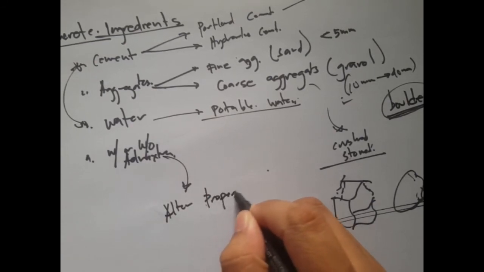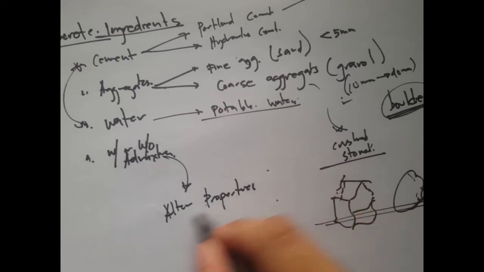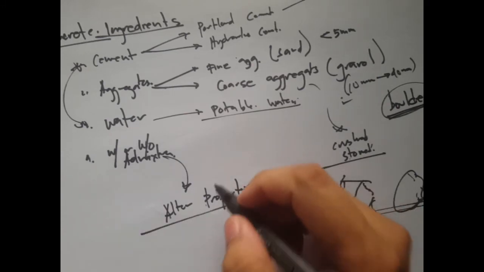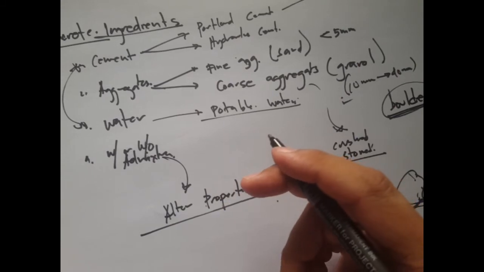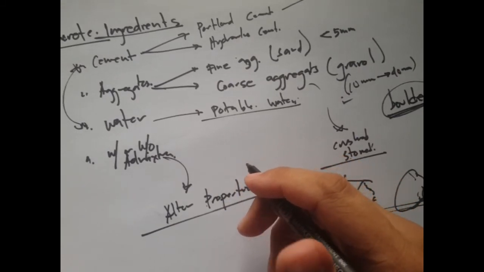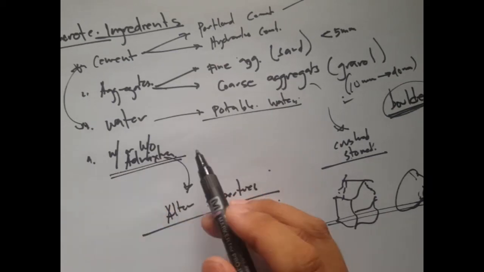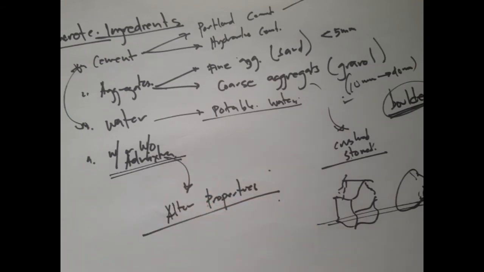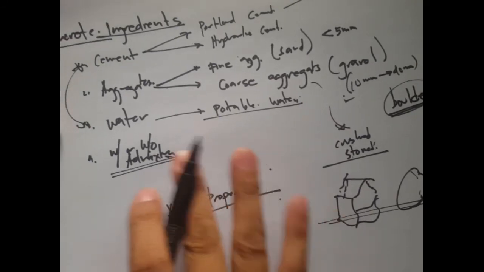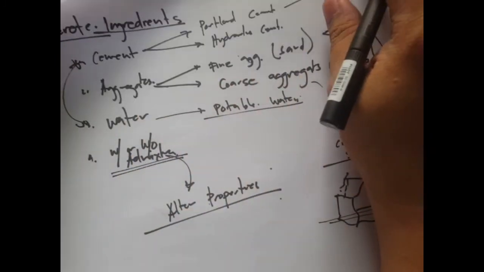There are admixtures that give the concrete mix better water tightness, for example, or retarders, which delay the setting time, or accelerators. You can read the details in our lecture handouts.